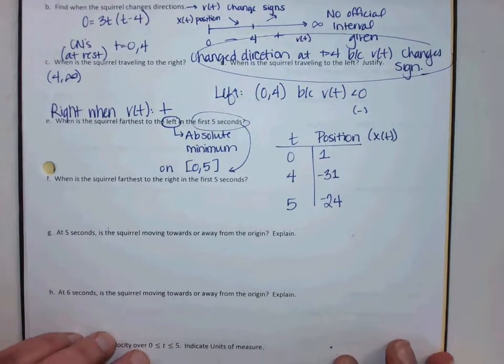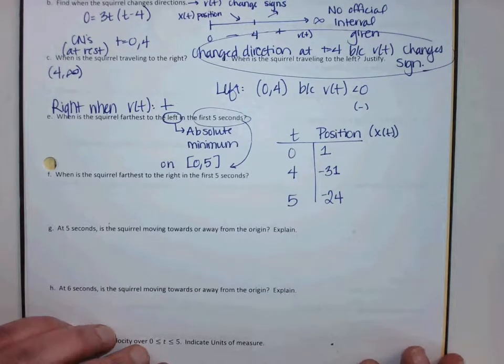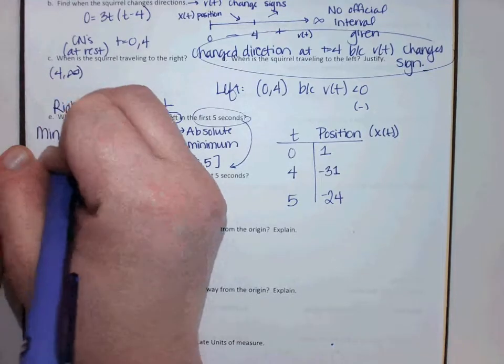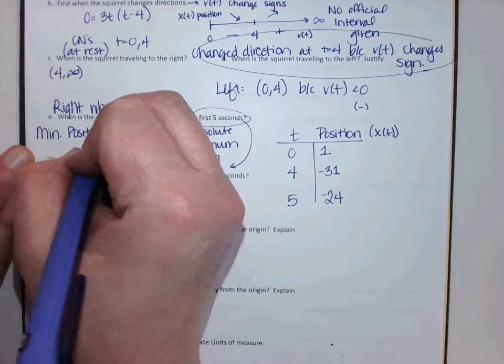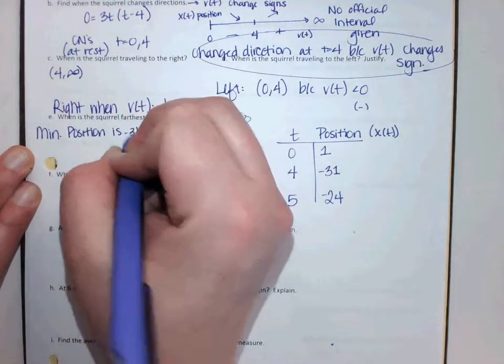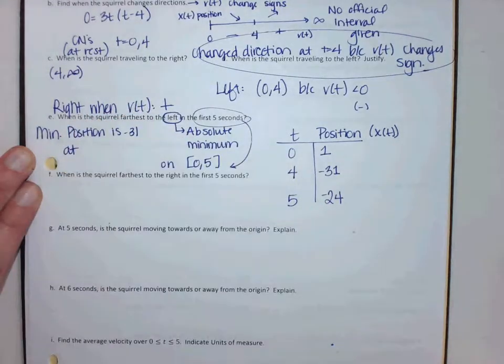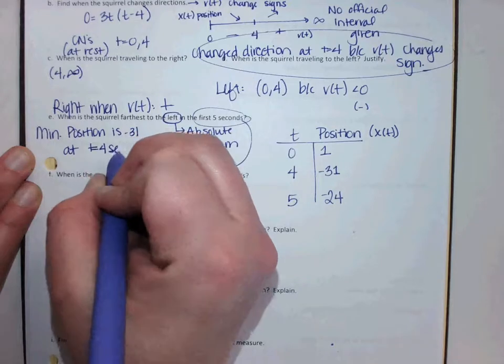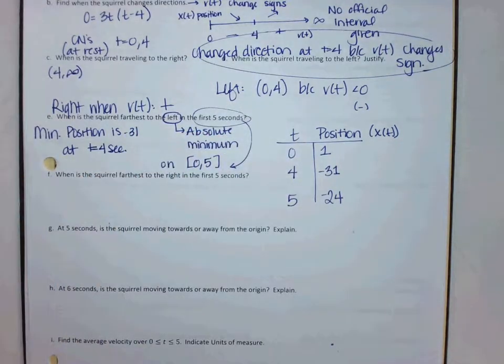Okay, from there, what is his minimum position? Okay, so I'm going to put min position is negative 31 at what second? T equals 4 seconds. Okay, now look at the next one. I want to know when he's farthest to the right. Well, when was he farthest to the right? At the beginning.